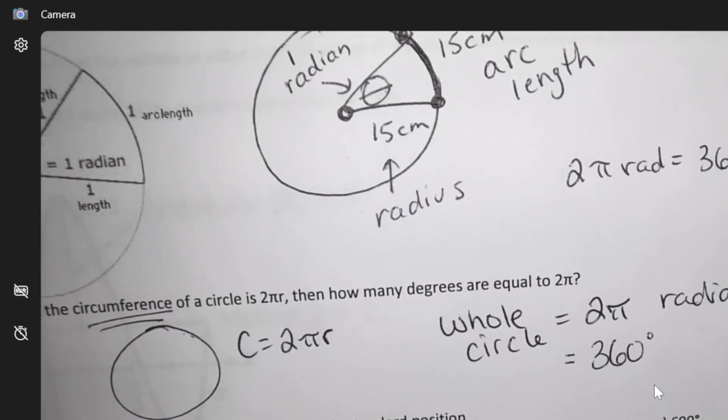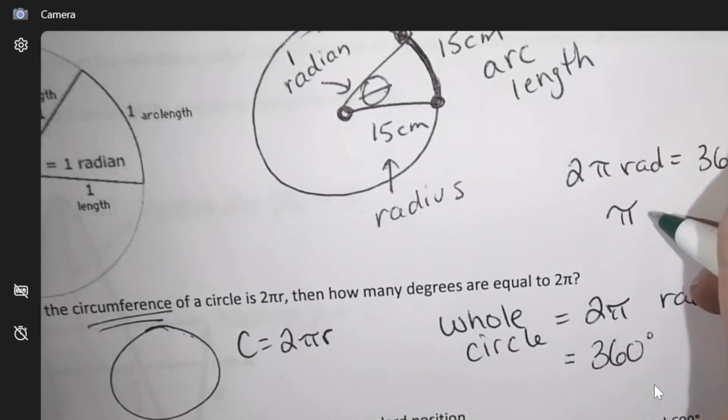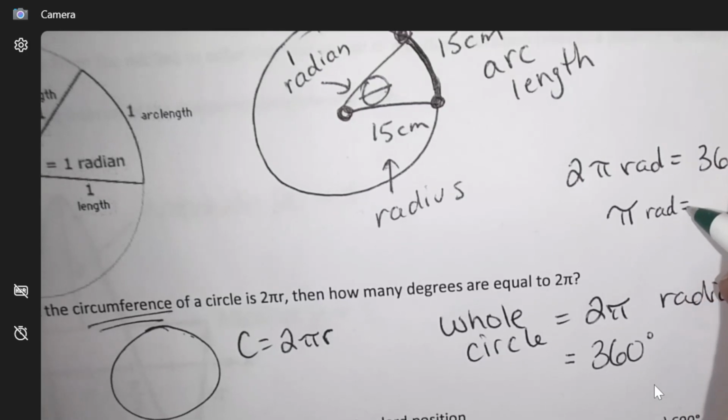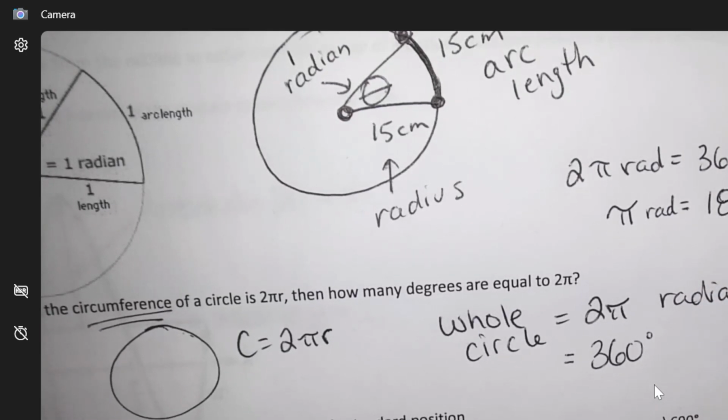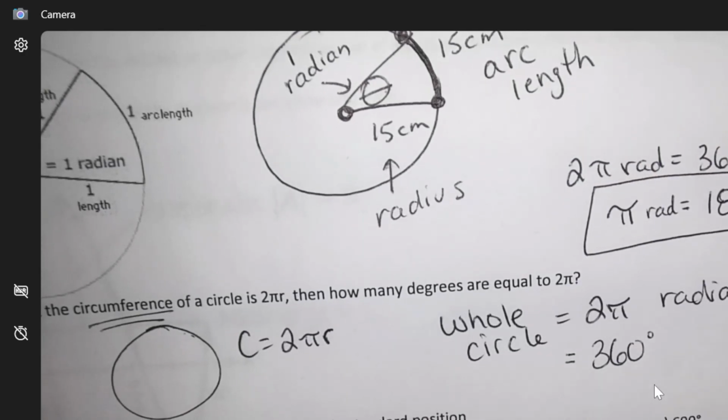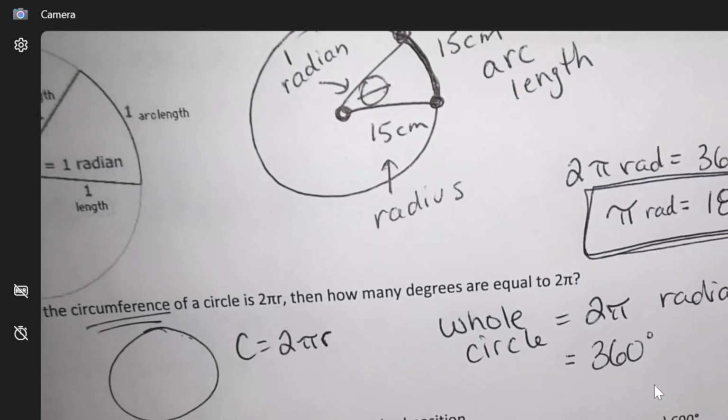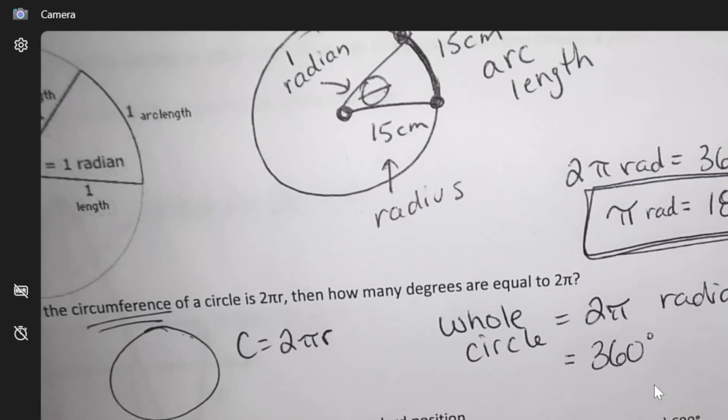I can always say that 2 pi is a circle, so that's also 360 degrees. Are you okay if I cut this in half, just to make my life easier? So 1 pi would be worth, what's a half circle? 180 degrees. So this is something that I use to compare between radians and degrees.